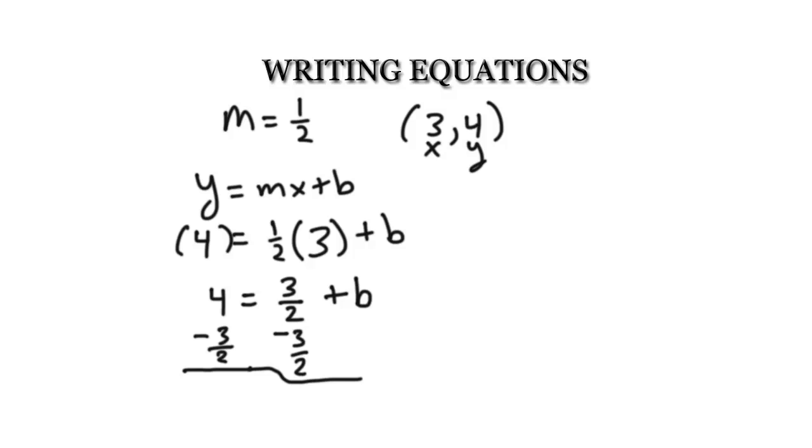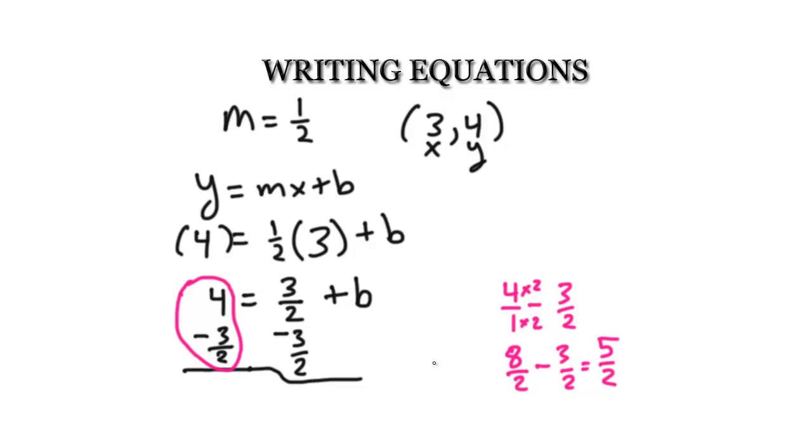Let's do that on the side. So 4/1 minus 3/2. Alright, so I'm going to change this to 8/2, right? Because the LCD is 2, so I multiplied this by 2 and multiplied this by 2. So it's 8/2 minus 3/2, which is 5/2.